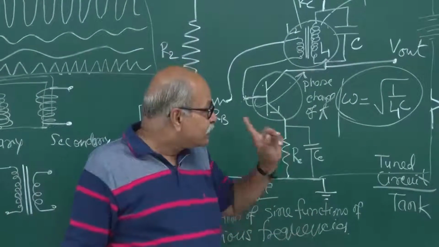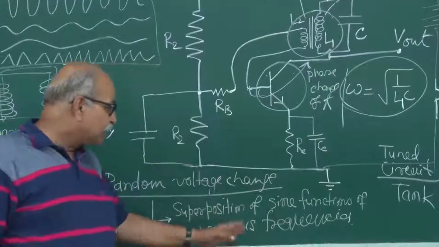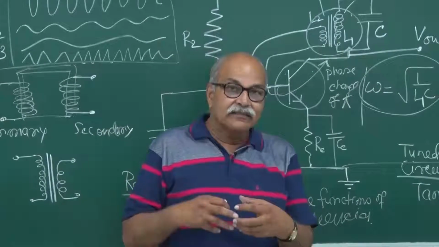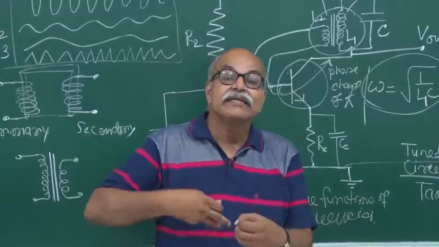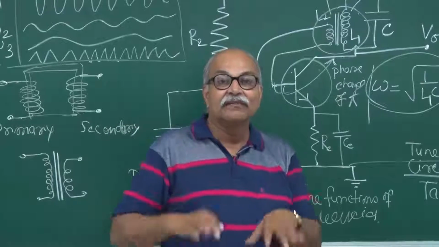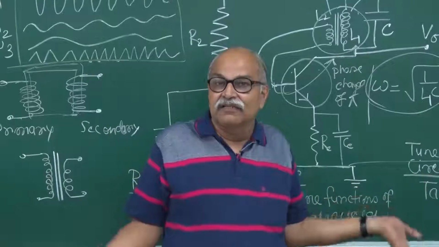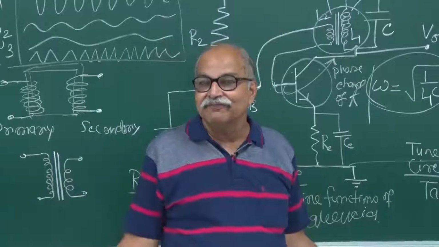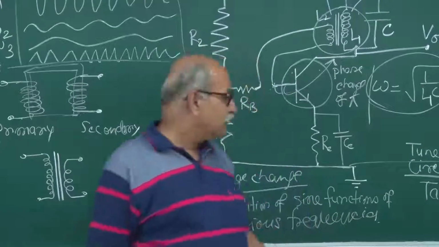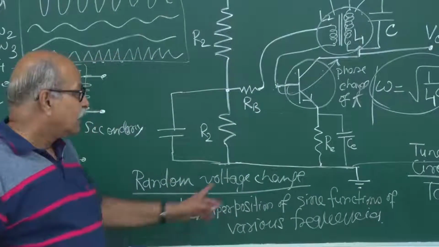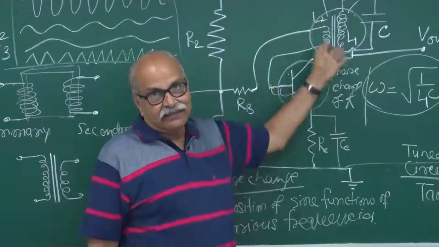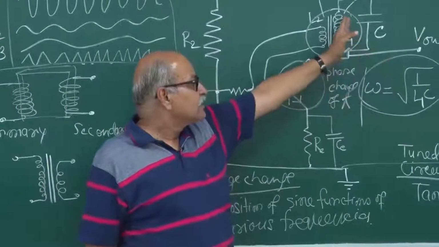So out of the many frequencies which are there, it selects its own frequency, and that component will get enhanced again and again, and the remaining will die out. So after a very short time, the other components all die out, and finally there is only one component, and then you have your cycle, and you get your output.